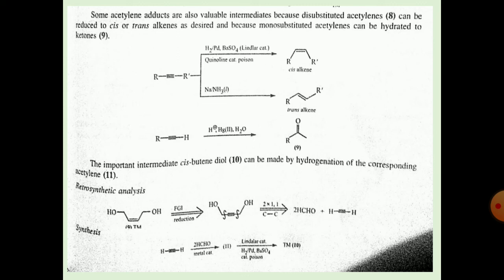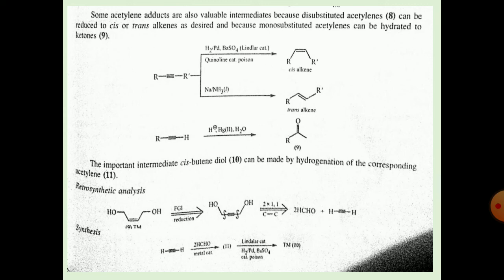Okay, so these are the differences between the cis alkene and trans alkene using these two different reagents in this reaction. Then again, R C triple bond H, an alkyne, is reacted with H plus and Hg2+, with formation directly into the ketone molecule. The important intermediate cis butene diol can be made by the hydrogenation of the corresponding acetylene.